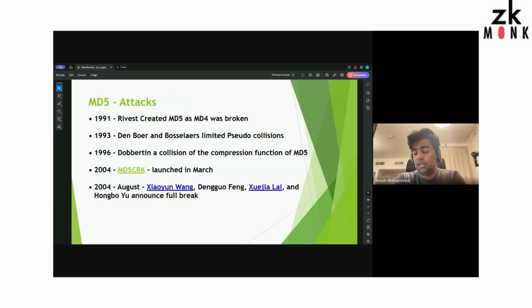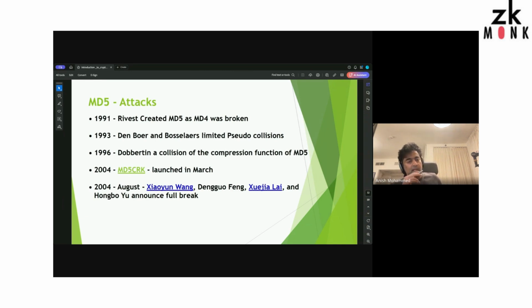Now I'm going to give you some interesting insights into what has happened with hash functions and why you should care about them. Most of the hash functions, the MD series, were created by Rivest. If you have heard about RSA, Rivest, Shamir, Adleman, the public key cryptography mechanism that uses integer factorization as the trapdoor, he is one of the people involved in it. He created a series of hash functions because everybody needs hash functions.